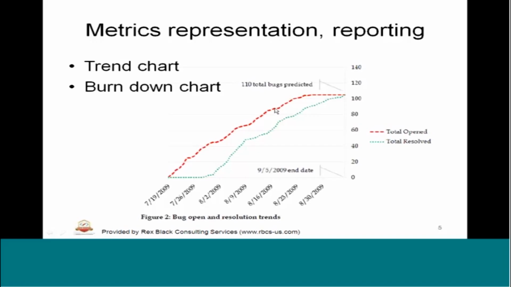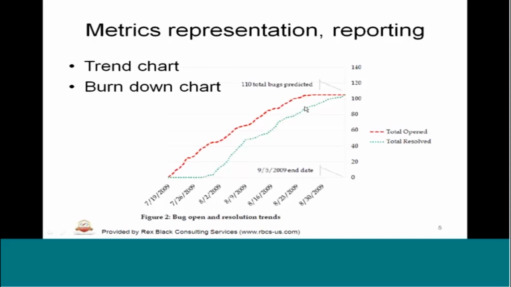And in the fifth week, we see about 90 bugs have been opened, and about 70, 75 bugs have been closed or resolved. And in the sixth week, we have about 110 bugs already opened.